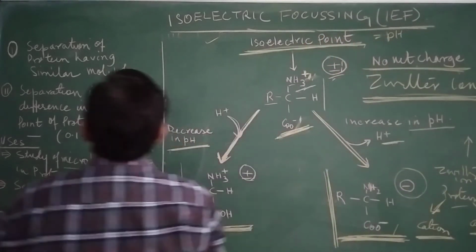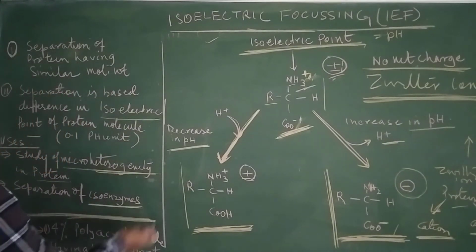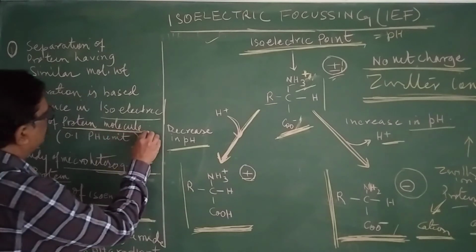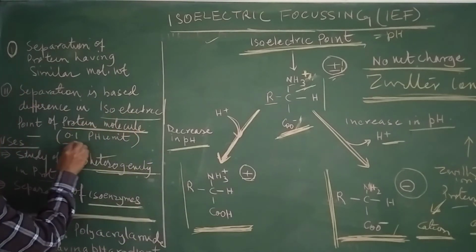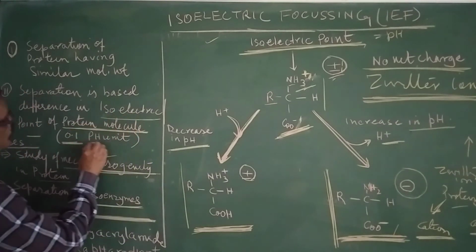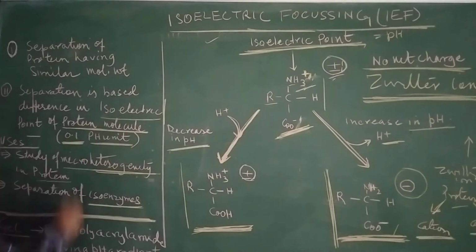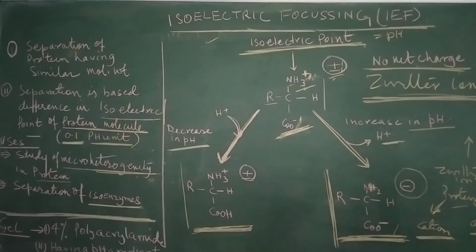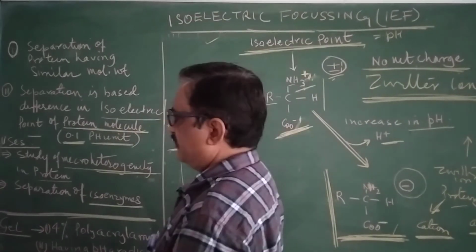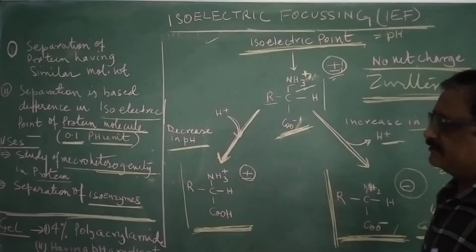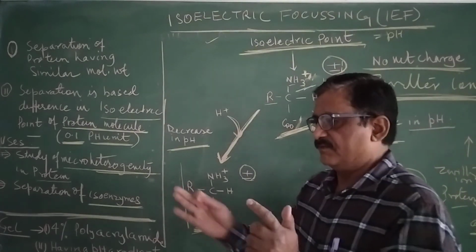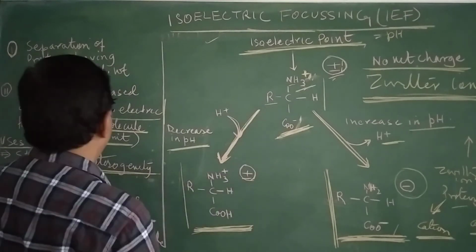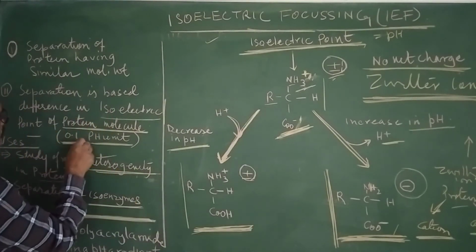By isoelectric focusing, one can separate protein molecules which differ by even as little as 0.1 pH unit in their isoelectric point.